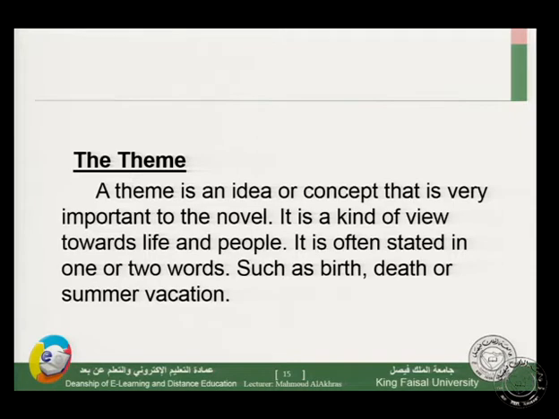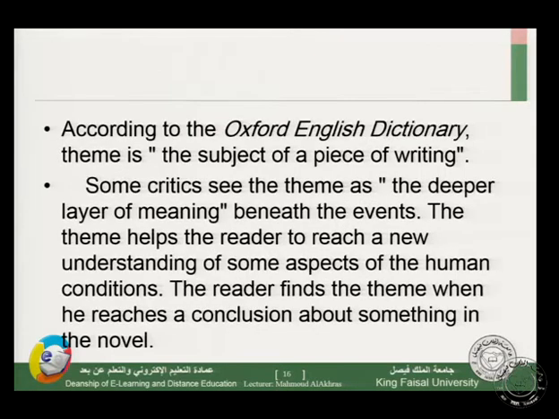According to the Oxford English Dictionary, theme is the subject of a piece of writing.